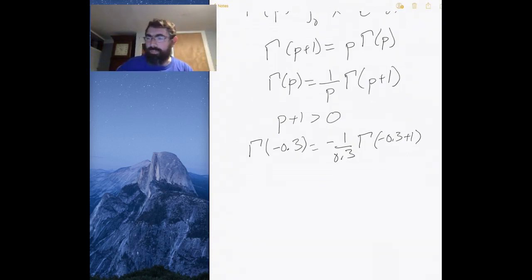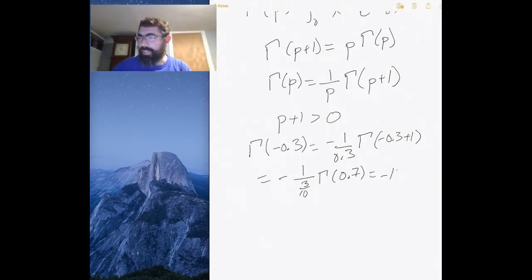If I write these in fractional form, I have negative 1 over 3/10 times gamma of positive 0.7, or negative 10/3 gamma of 7/10.